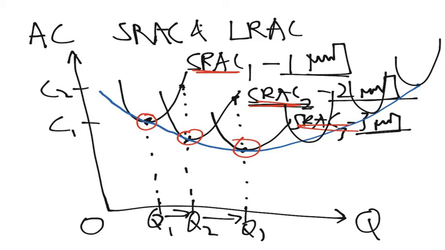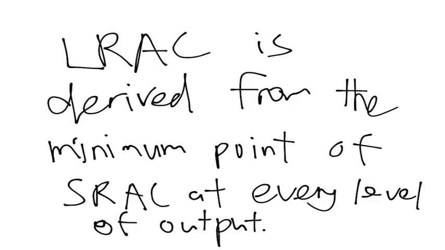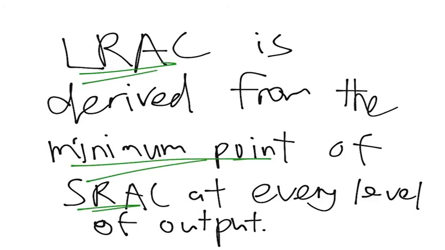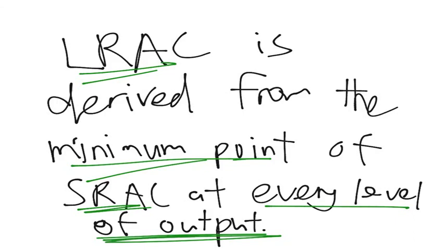Understand? In other words, this just shows that the fixed factors and all other factors are variable. Now, like mentioned before, the long run average cost curve is derived from the minimum point of the short run average cost of every level of output. The minimum point.